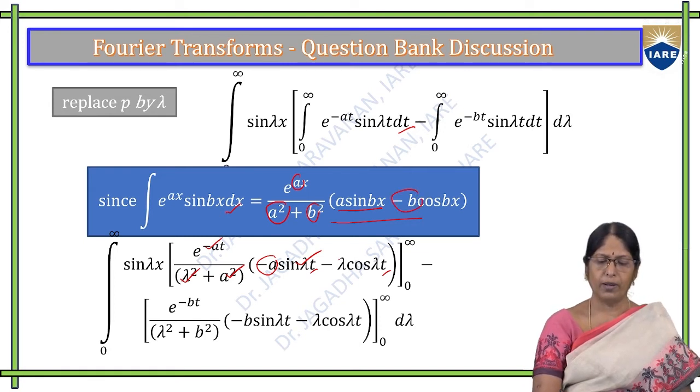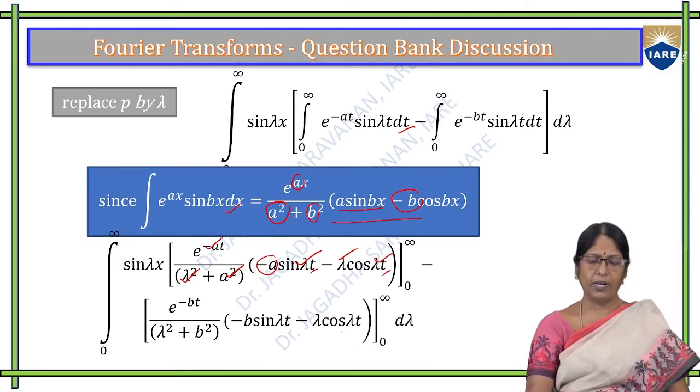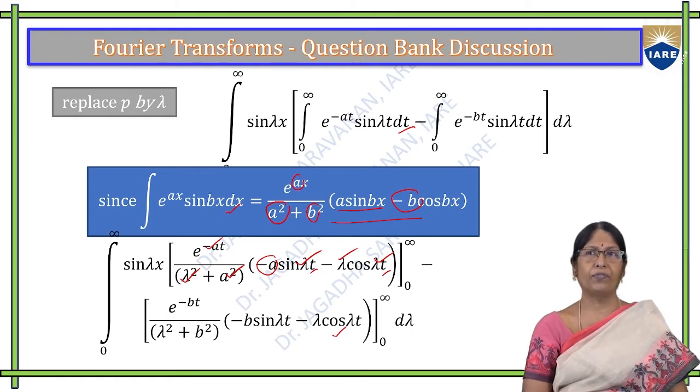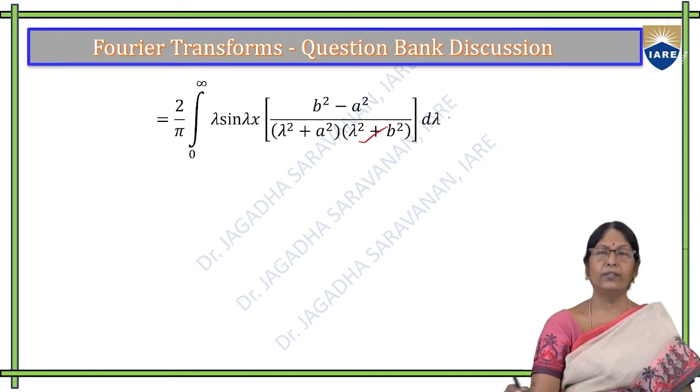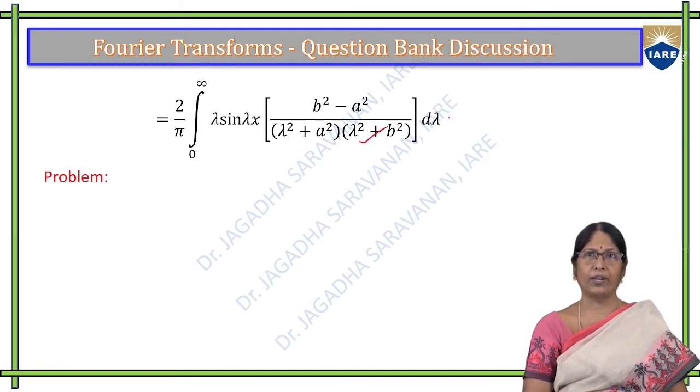Next, minus b, minus lambda cos lambda t. In a similar manner this is also to be done, and wherever e power minus infinity comes, it is replaced by the value 0, and e power 0 is 1. After applying everything, this is the result we obtain.